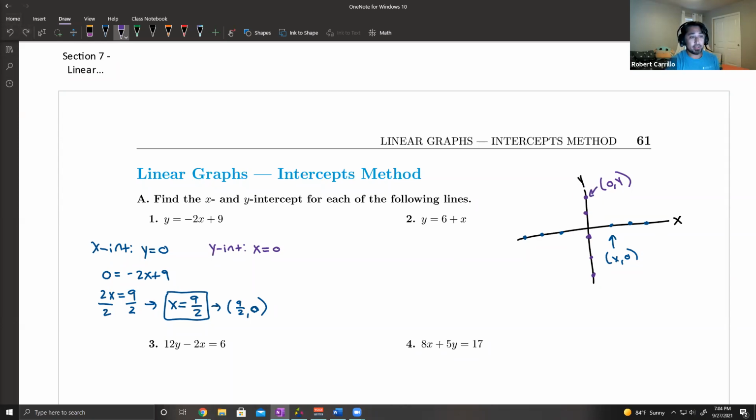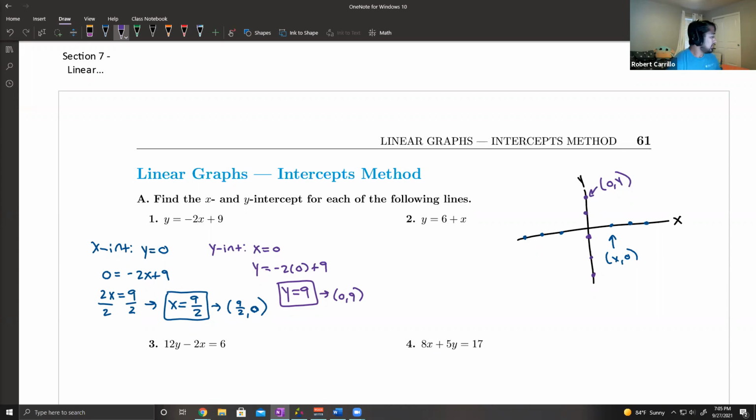And what we do with that information is you plug 0 in for X and you solve for Y. So you'll get Y equals negative 2 times 0 plus 9, and Y will equal 9. And there's our Y-intercept. And if I wanted to put it in coordinate form, it would be 0, 9. Okay. And that's how you find an X-intercept and a Y-intercept of a linear equation.